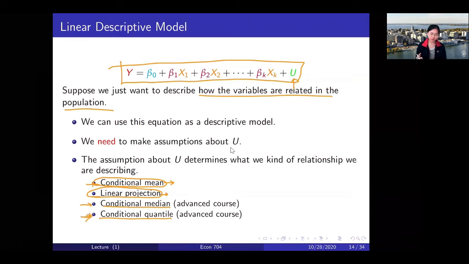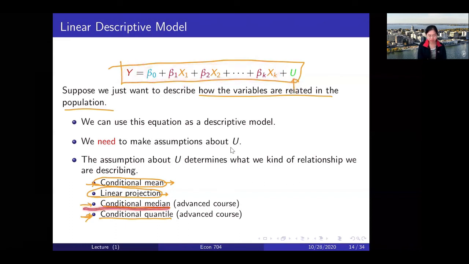But basically, to give you an idea of what these are, the conditional mean model will make an assumption about u so that this linear function is the conditional mean, or conditional expectation, of y given x1, x2 to xk. And the linear projection model will make an assumption about u so that this linear function of x is the linear projection of y on x1, x2 to xk.